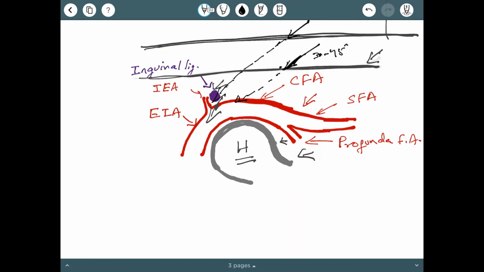One option could be that maybe you go at a very high angle, an obtuse angle, maybe 60 to 70 degrees instead of 30 to 45 degrees. In that situation, that looks like a good option. You can puncture right there at the center of the head of the femur.